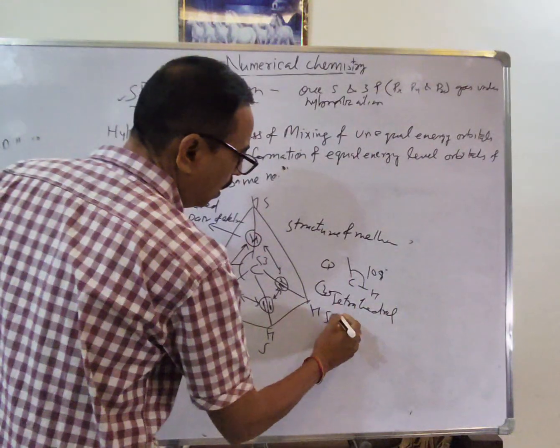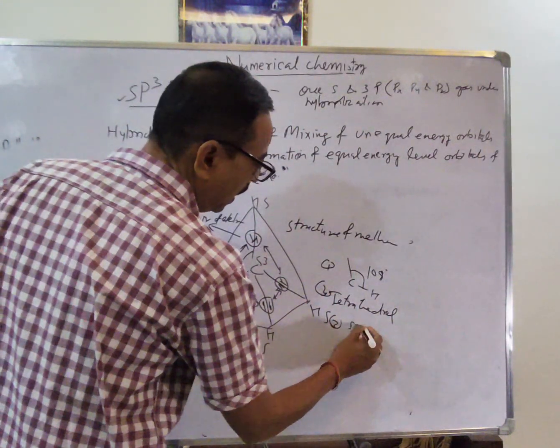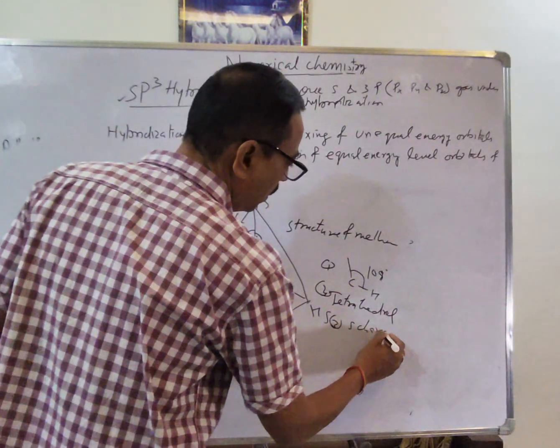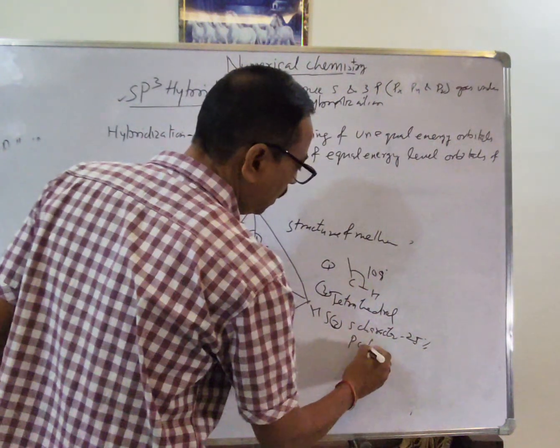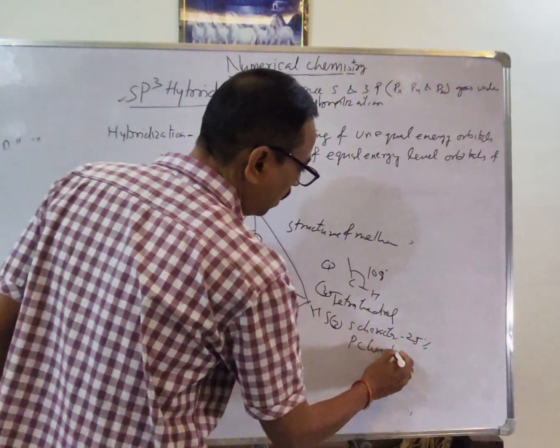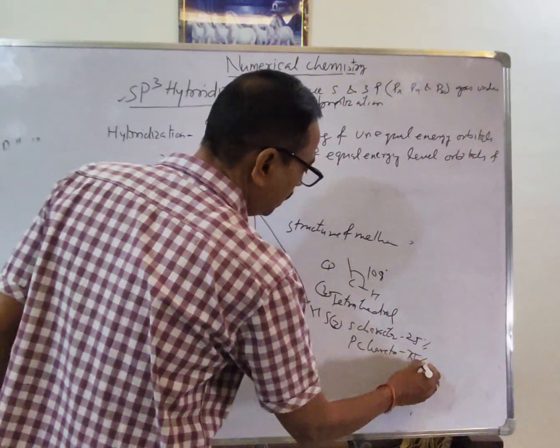Number three, s character 25%, p character 75%.